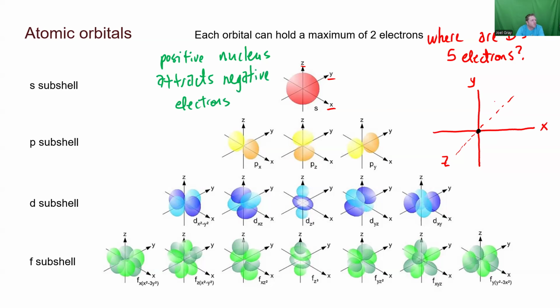Okay, so for my electrons, I'm just going to use little green dots. I'm thinking about these in increments of 2. So my first 2 electrons are going to be as close to my nucleus as possible. There's my first 2 electrons.